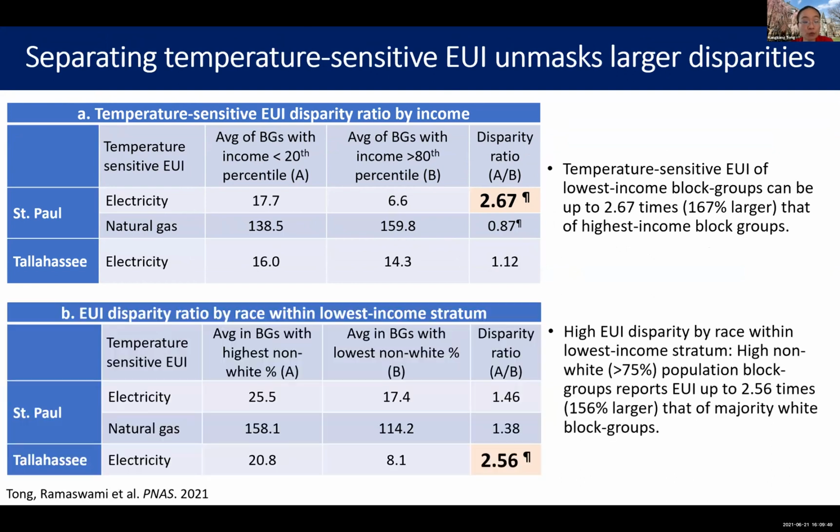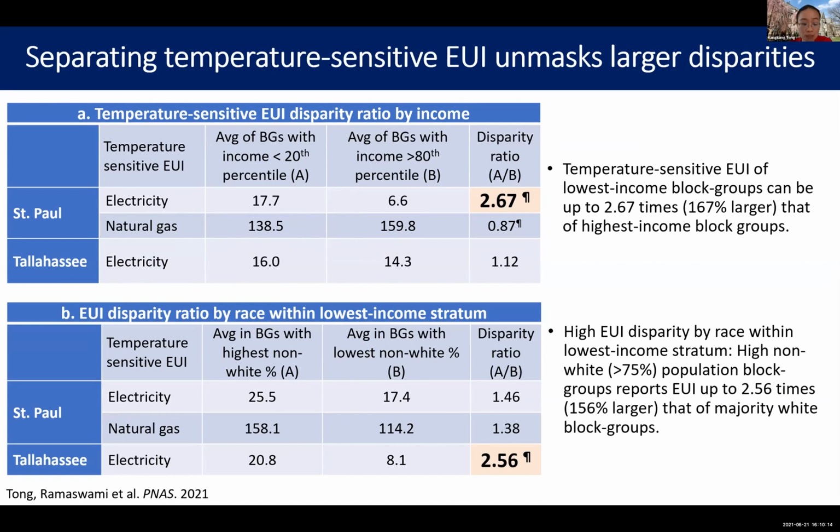And if we're looking at the disparity ratio by race within the lowest stratum, what we're seeing here is in Tallahassee, these race impacts within the lowest income can be up to 156% larger.